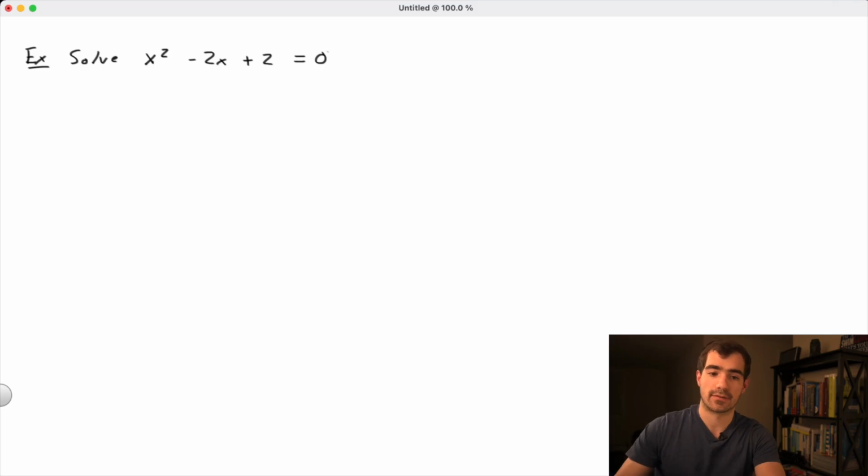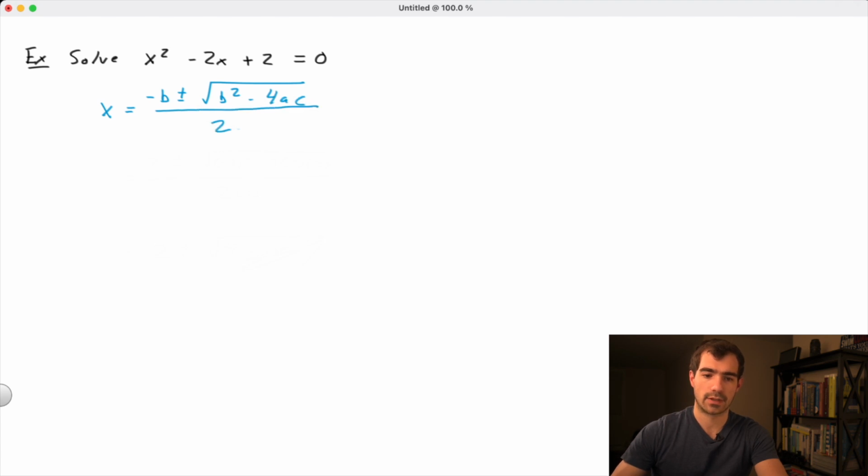We can even see this show up in solutions to equations that are trinomials. For example, solving x squared minus 2x plus 2 is going to give us an imaginary number as a result. We can see this by using the quadratic formula, right? We know x is equal to -b plus or minus the square root of b squared minus 4ac all over 2a.